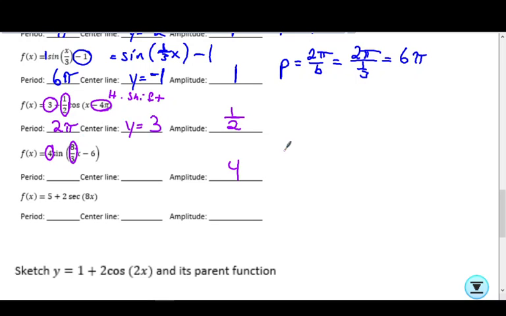So that is B. So period is 2 pi over 8/3. Dividing by 8/3 is the same thing as multiplying by 3/8, which gives me 3 pi over 4. Yep, 6/8, which reduces down to 3 pi over 4. So my new period is 3 pi over 4.